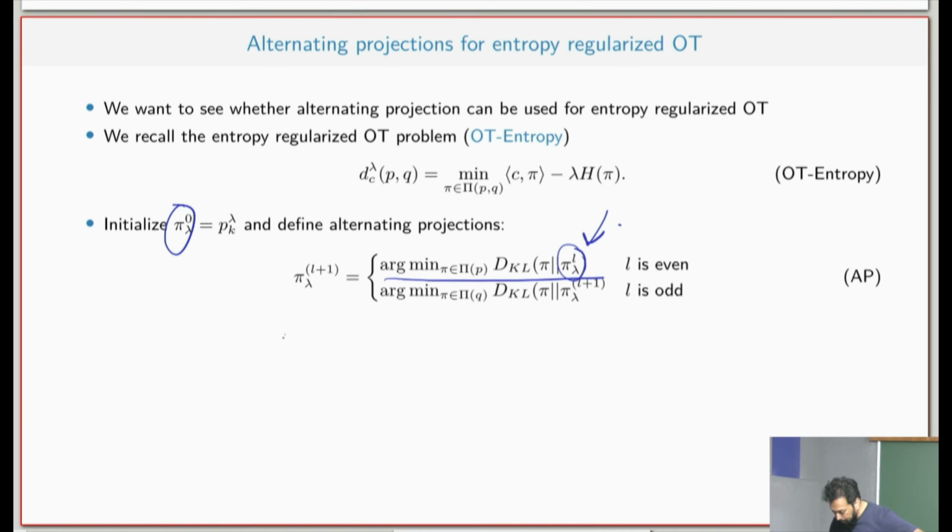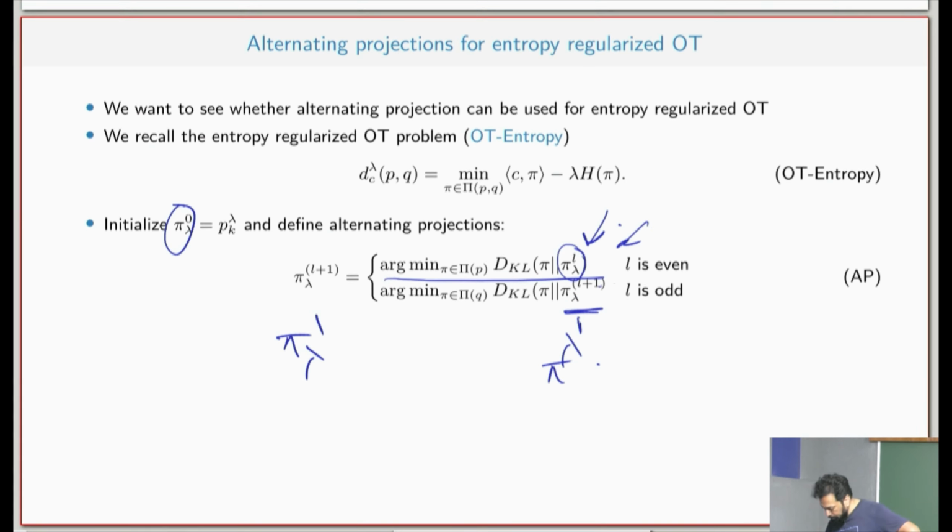Then you get pi lambda 1, and then you use that pi lambda 1 and you get another pi, which is pi lambda 2, I guess, and then you get back to the even case.